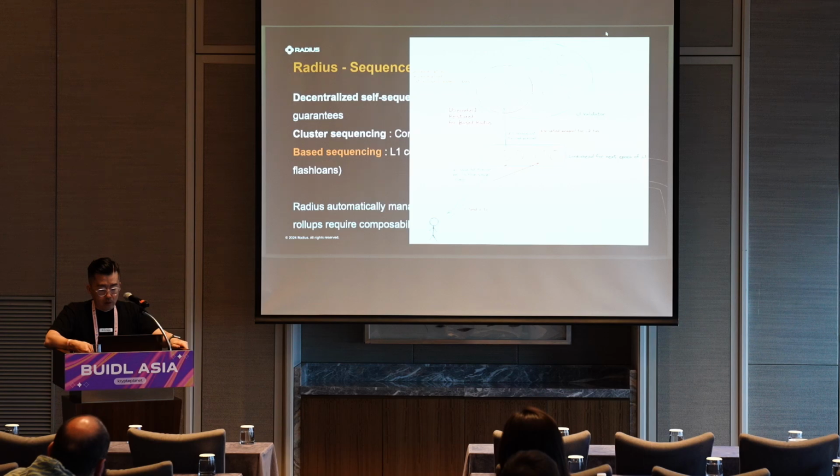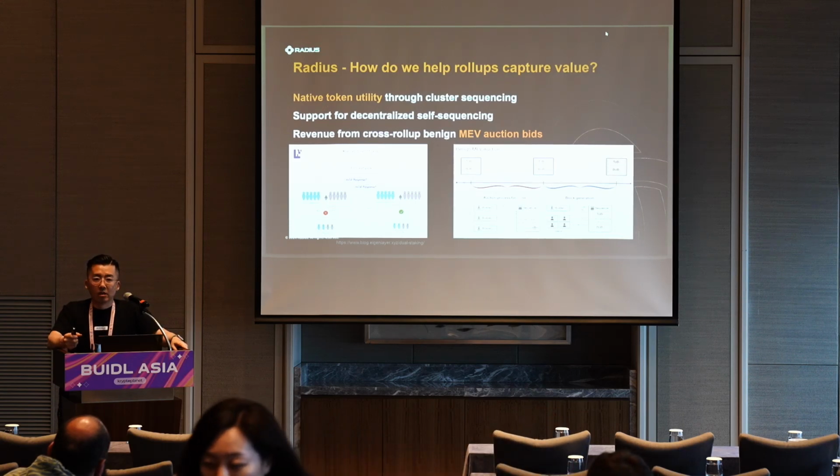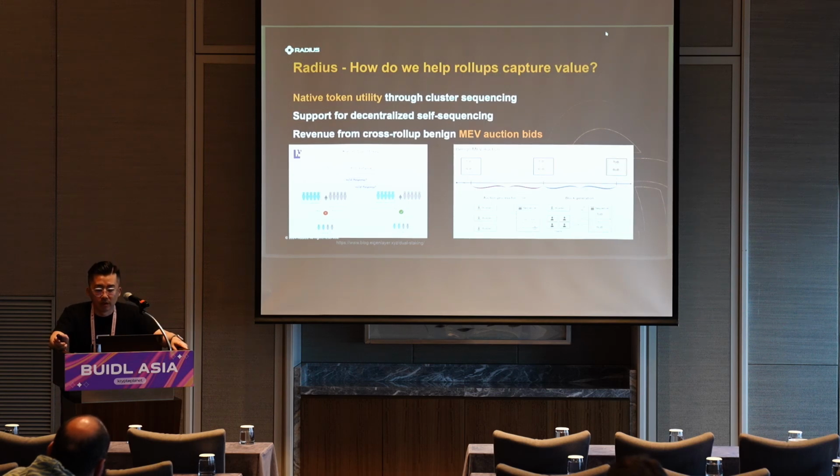Okay, another one is that right now the centralized sequencers for existing rollups are generating a massive amount of profits by running their own sequencers. How can they do that?